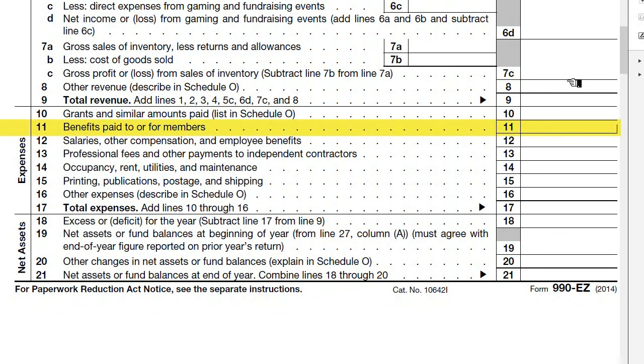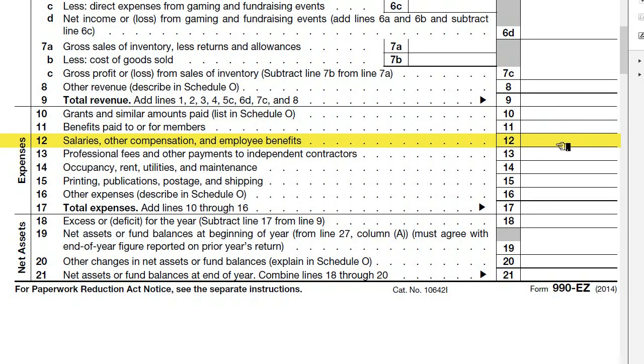You would not put employment benefits on this line, like health insurance for employees. That would not go here on line 11. That would go on line 12. Okay, line 11, they're looking for benefits paid to or for members of the organization. Now, if you're a membership organization like a 501(c)(4) or (c)(5) or (c)(6) or (c)(7), you've got to be careful because benefits paid to members could indicate the existence of impermissible private benefits. Okay, so you want to be careful with that.